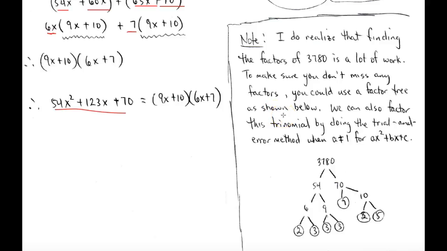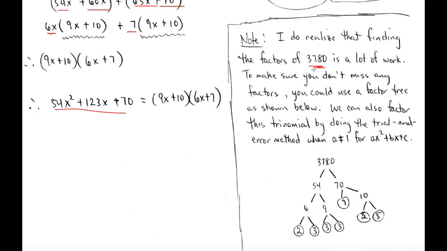All right, so the last thing that I want to mention for situations like this is that I understand that the number 3,780 has a lot of factors, and you may not be able to remember or even know what all the factors are.